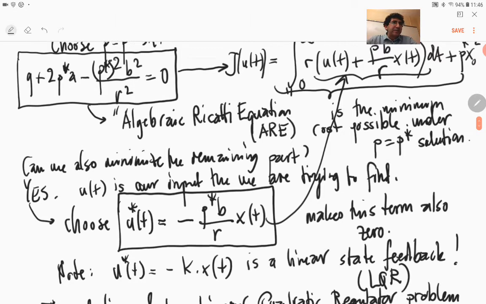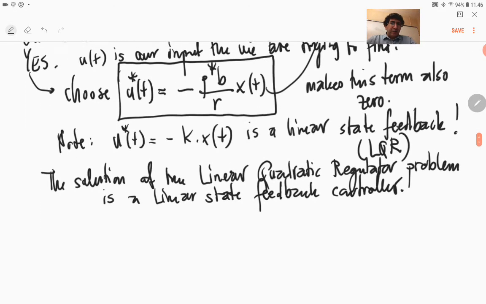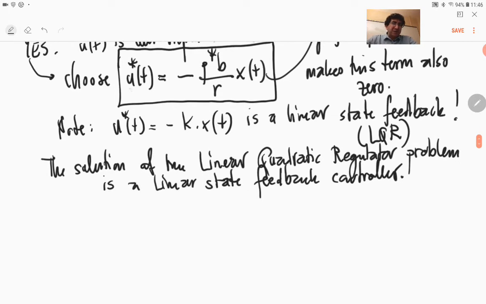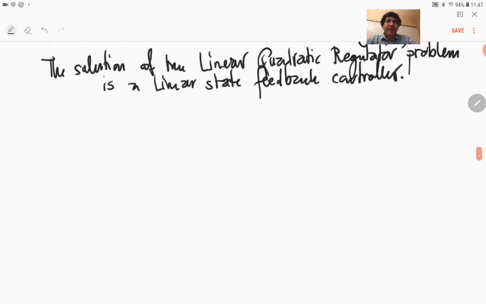And once we have the P star, we can determine U star, which is the optimal input, as a function of P star and the state vector. Okay, in this case, because we had everything scalars, X was also a scalar. Now, let me also write down what it looks like for an nth order system.